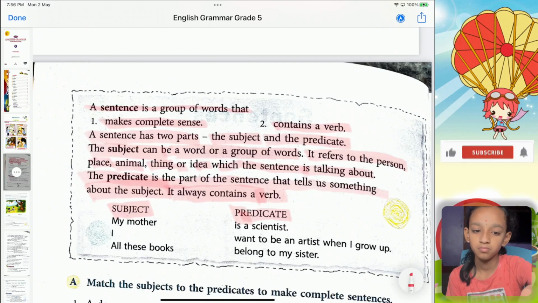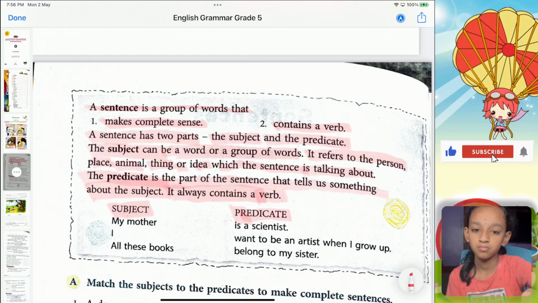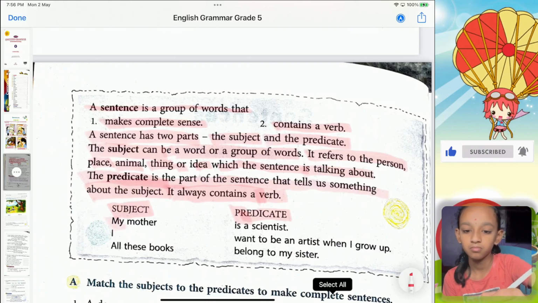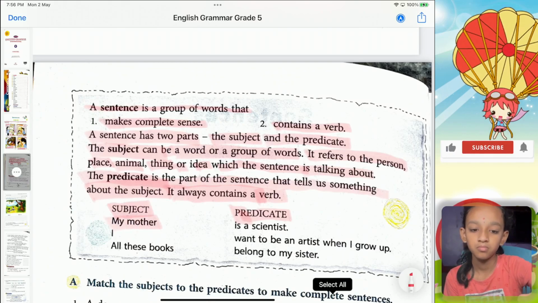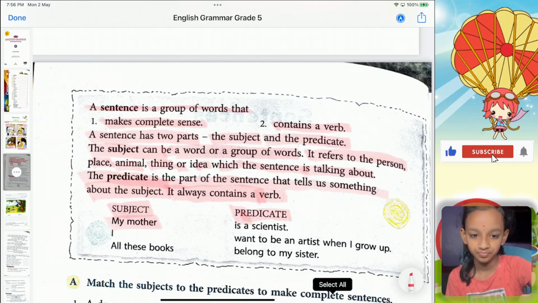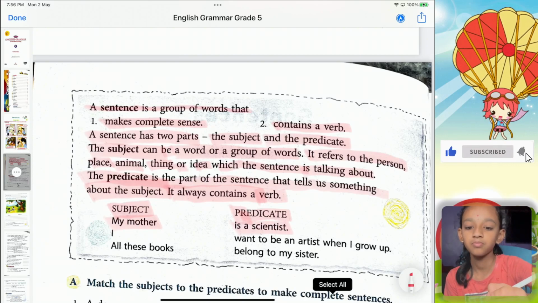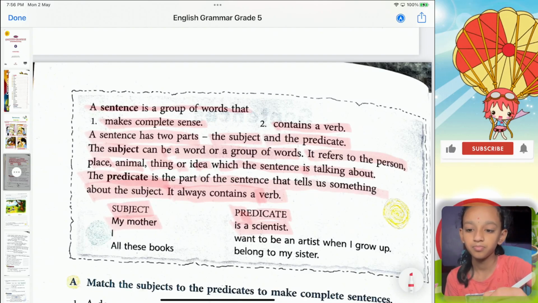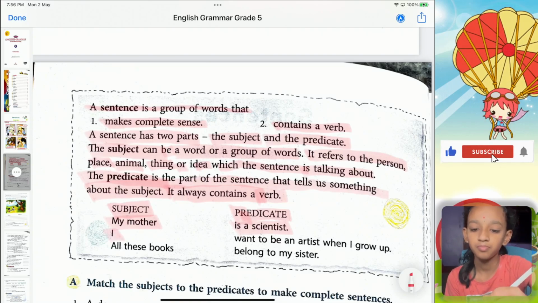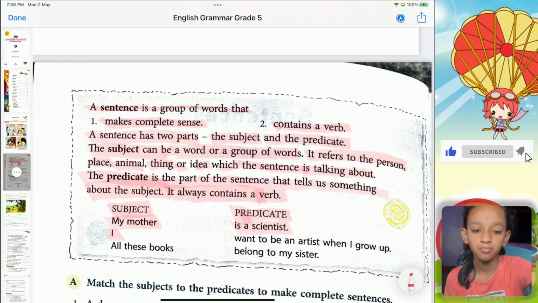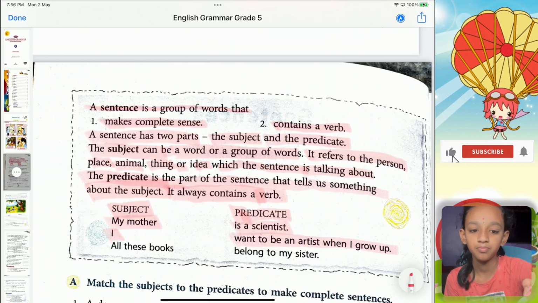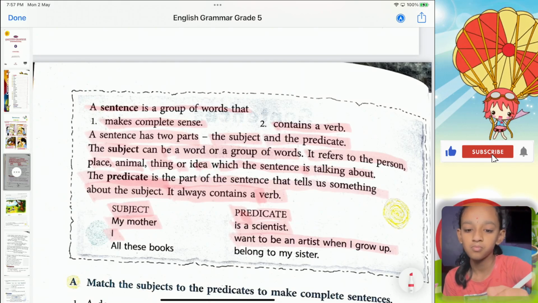Now we have some examples here, some subjects and some predicates. To start with, we have the subject my mother. Mother is a person, and the predicate is a scientist, so it is telling us what the mother is. Next, I is a subject and the predicate is wants to be an artist when I grow up. So it's a wish of a person.